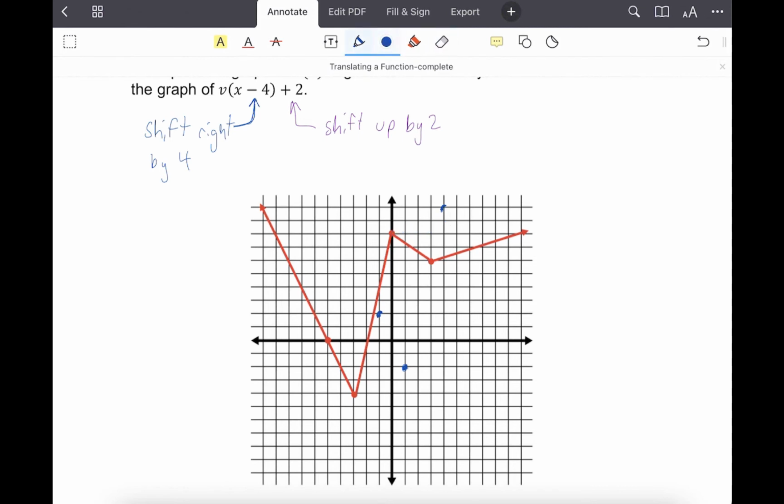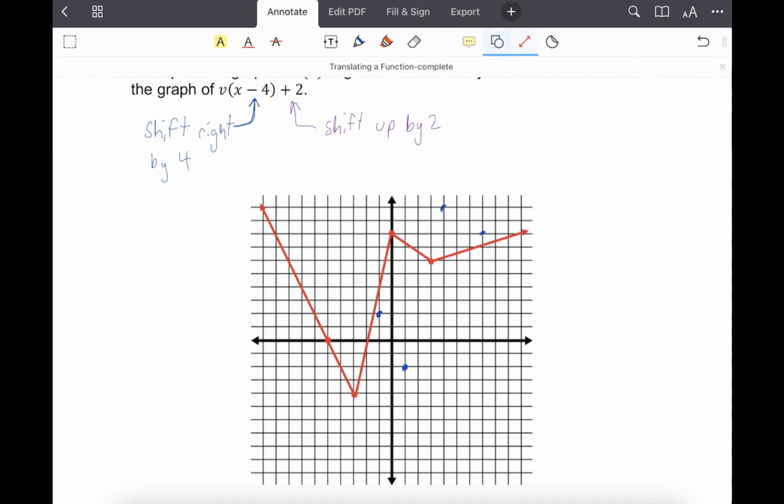Do the same thing here: 1, 2, 3, 4, up by 2. And that should be good enough for us to create this graph.